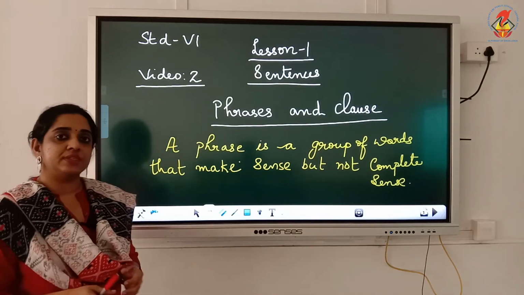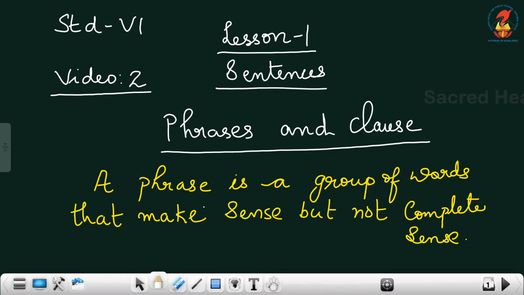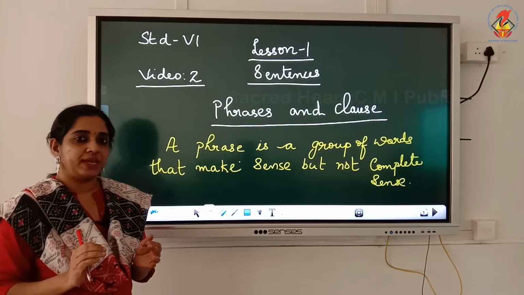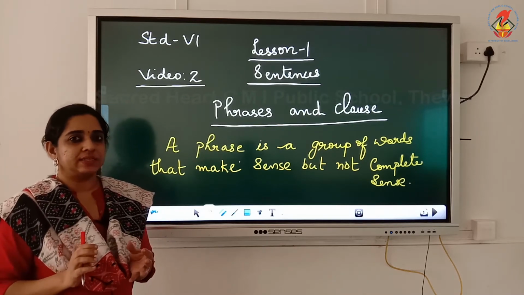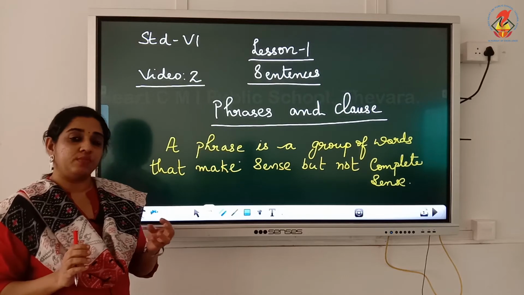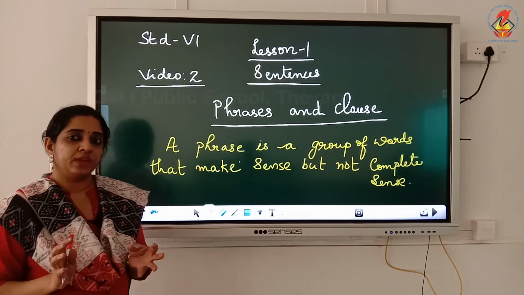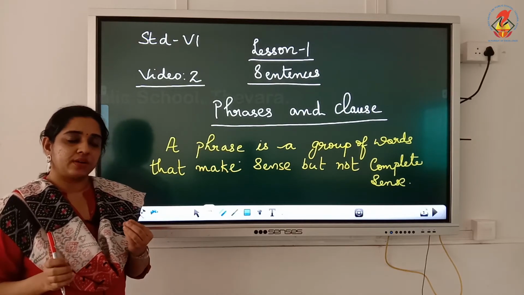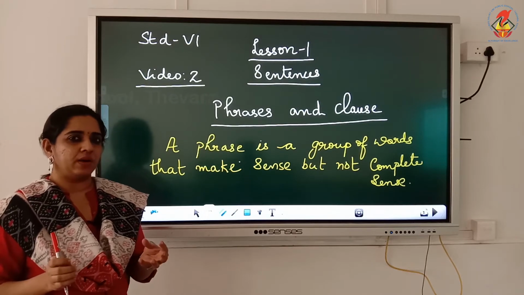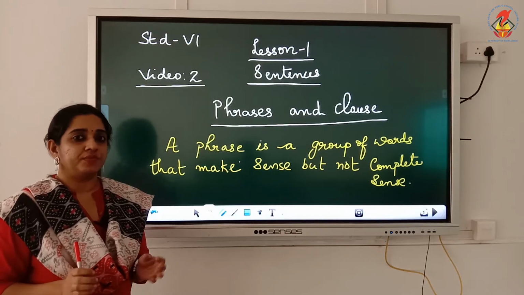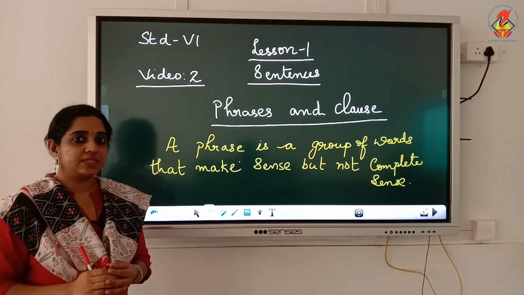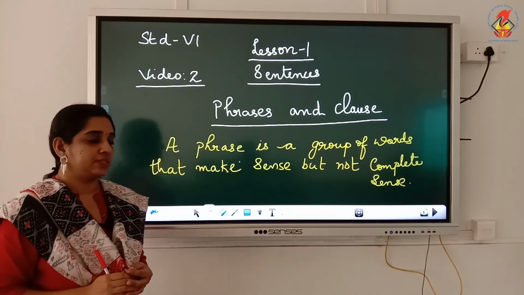What is a phrase? A phrase is a group of words that make sense but not complete sense. Okay, a phrase means it's a group of words that is not completely sensible. 2 or 3 words will be joined together and it is not completely sensible, but a small bit of meaning will be there if that group of words belongs to a phrase.